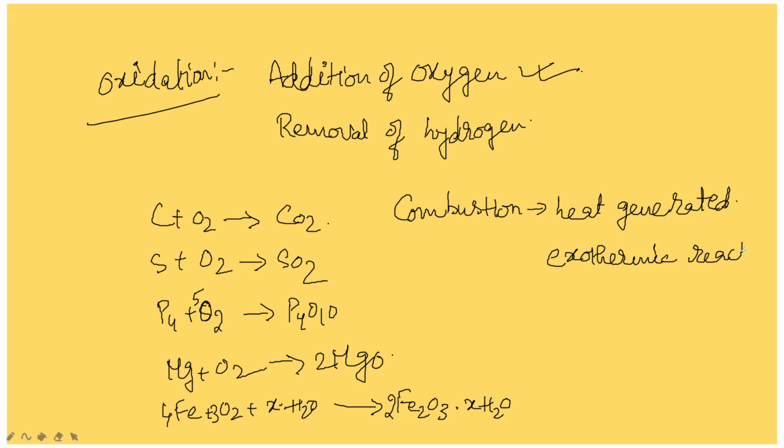If heat is absorbed, it is an endothermic reaction, right? When we see a flame, substances burn because of the burning. That is an exothermic reaction. We can also say exothermic oxidation reaction, because heat and light are produced. That is also carbon only. So C plus O2 gives CO2 plus heat, also you can write.